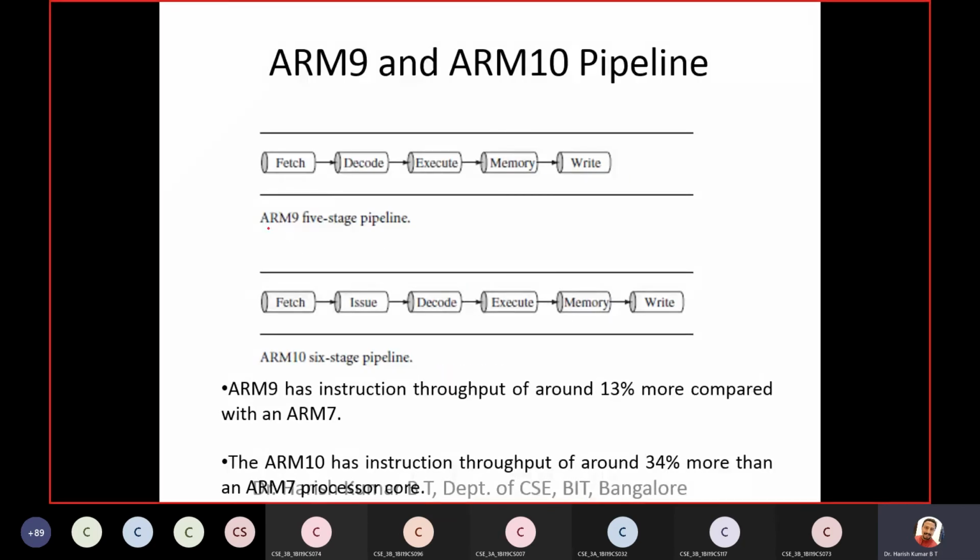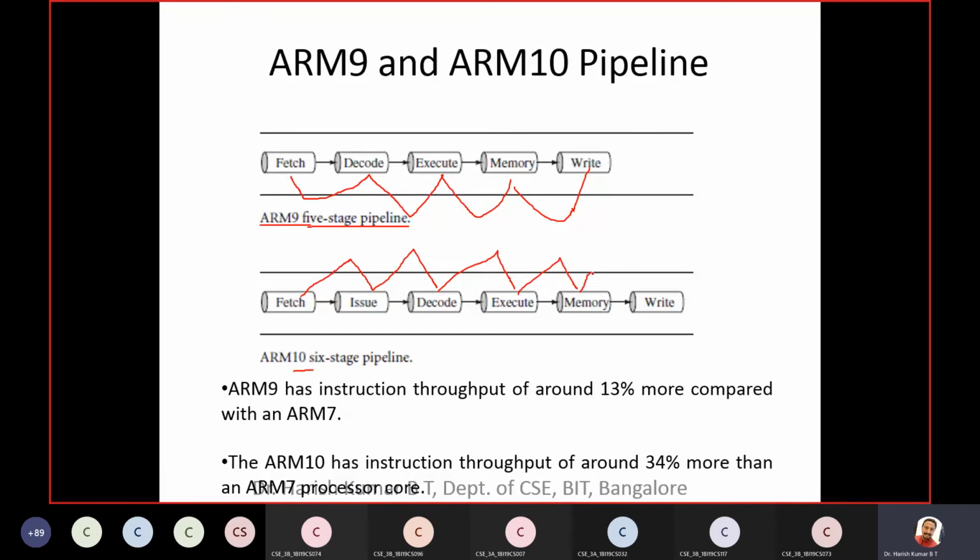What about ARM9? It's a 5-stage pipeline processor. It has a fetch stage, decode stage, execute stage, memory, and then write back. So it is a total 5-stage pipeline processor. Now ARM10 is a 6-stage pipeline processor: fetch, instruction issue, decode, execute, memory, write.